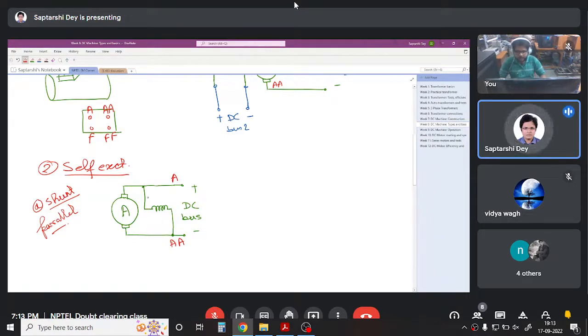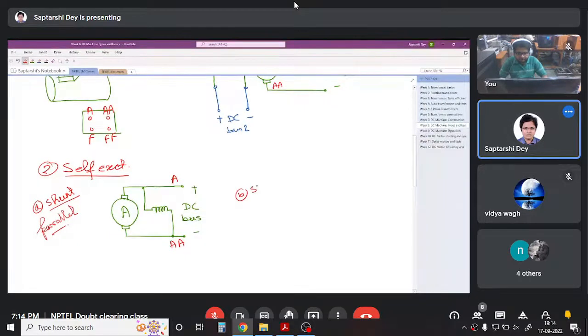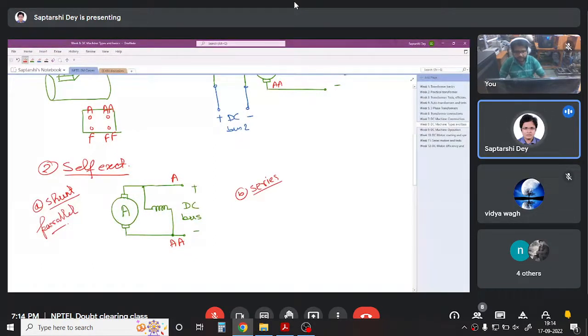So what we can understand from here is in shunt excitation, the armature voltage is always equal to the field voltage. This is shunt excited. Okay, we will see another, then we will make some comments. So we have got parallel, so we will have series also, right?